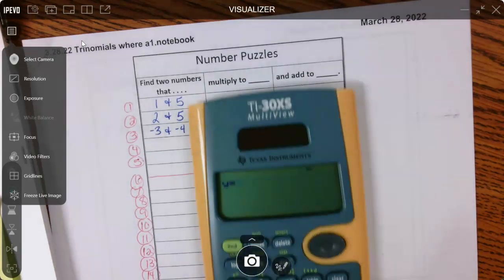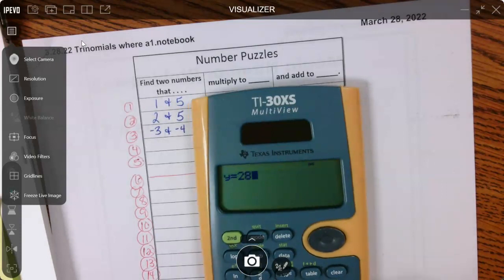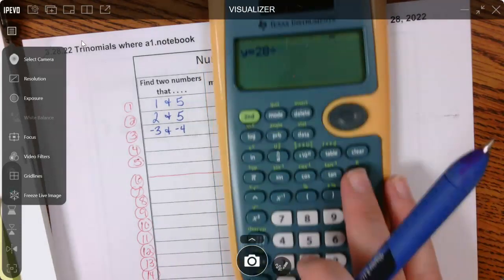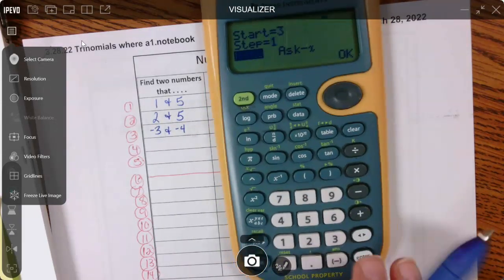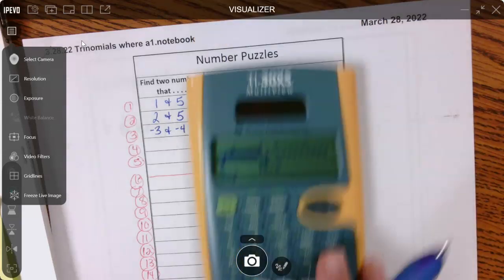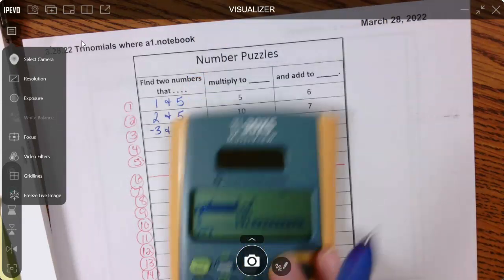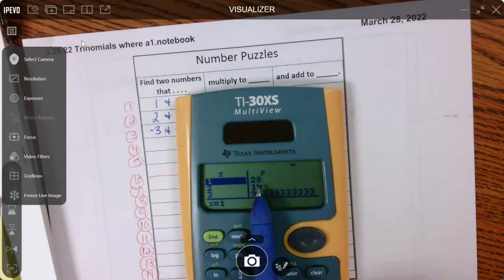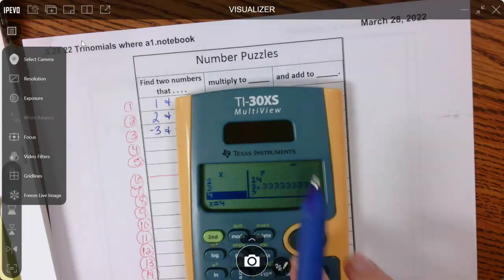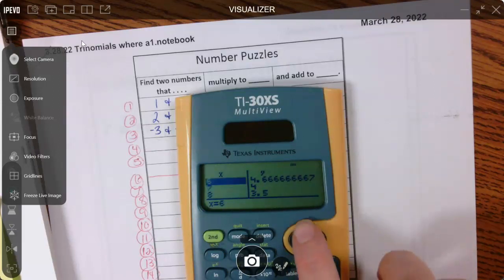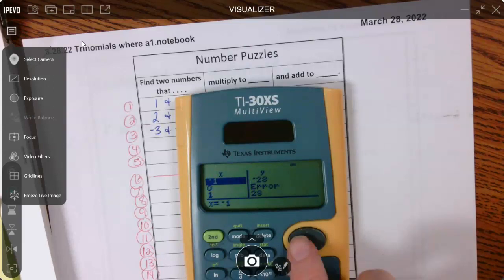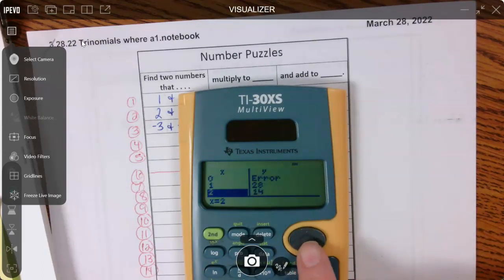You're going to take 28 and then divide it by x. And then go to your table. Okay, so the whole numbers here, these are your factors. 1 times 28, 2 times 14, 4 times 7. And then it starts over at 7 times 4. So if you don't know your factors, use the calculator, or you can do this same thing in Desmos if you use the table function in Desmos.